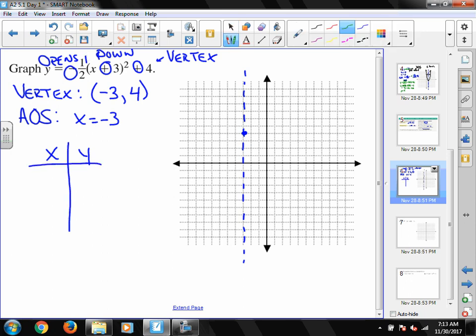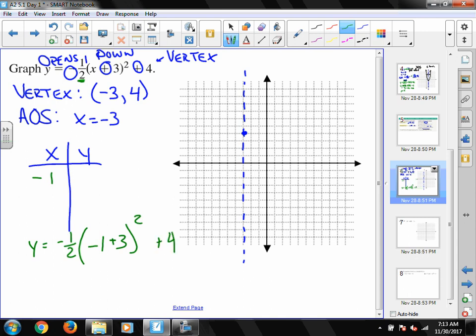I'll change colors so you guys can see these points a little better against my blue. So, I'm going to pick an x value of -1. Why -1? Because I know how things are going to work out. And really, it's because I have this 1/2 here. I know I'm going to end up with an even number if I plug in -1. So I get y equals -1/2 times (-1 plus 3) squared plus 4.